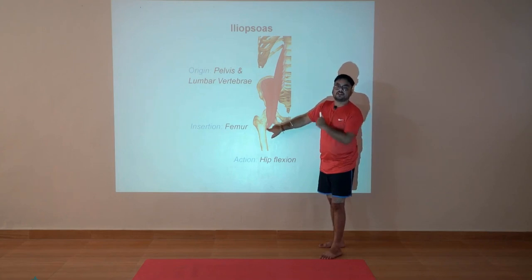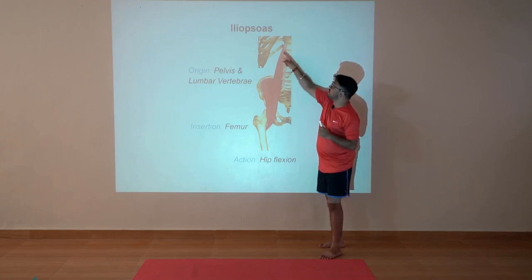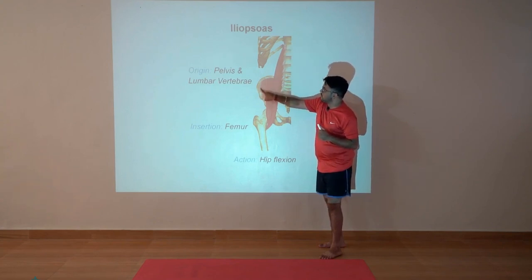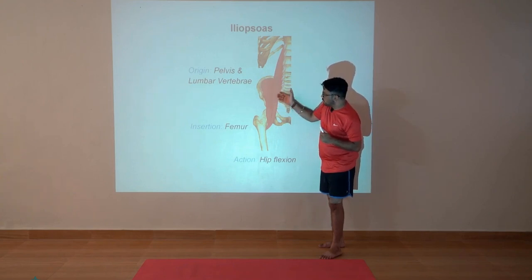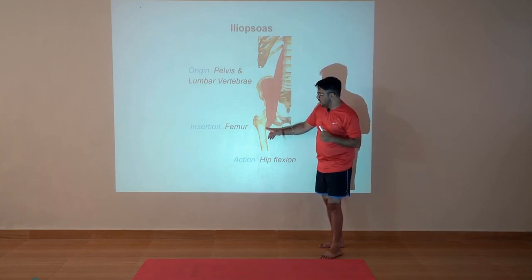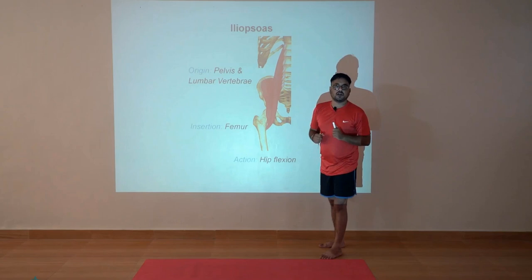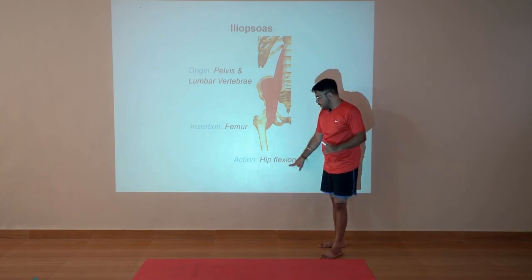So this is the insertion. The muscle originating from the lumbar spine is the psoas, from the pelvis is the iliacus. They both attach together, form a tendon, and attach to the top of the femur, your thigh bone. And the action of the muscle is hip flexion.